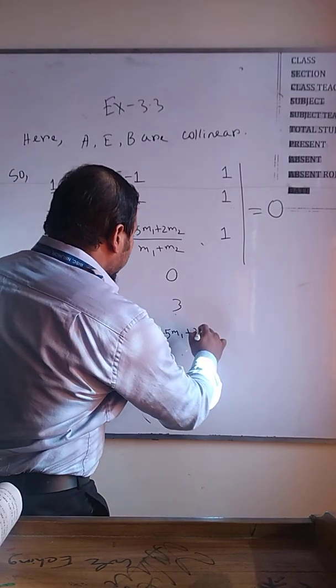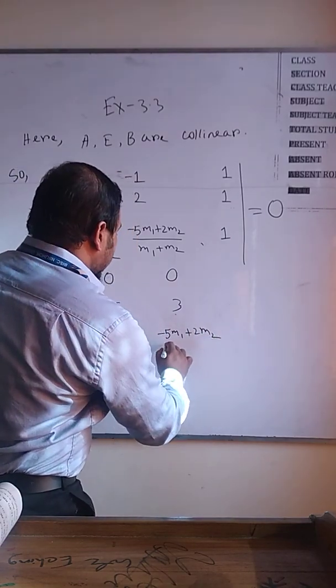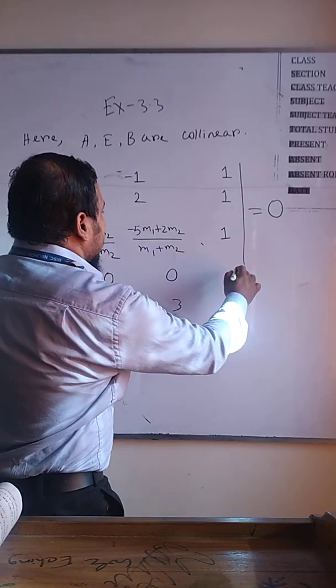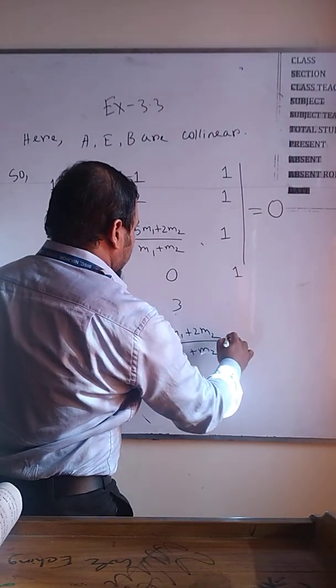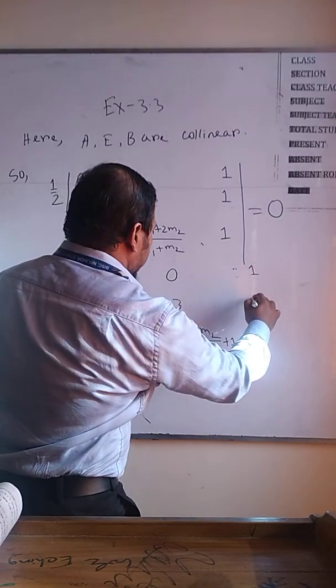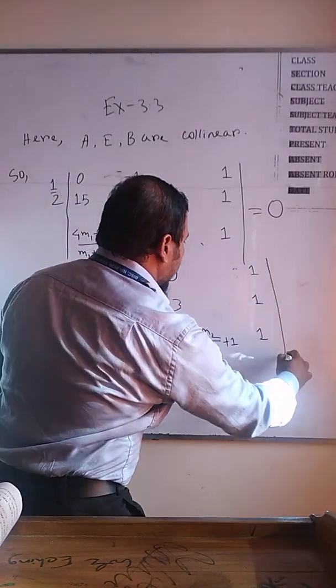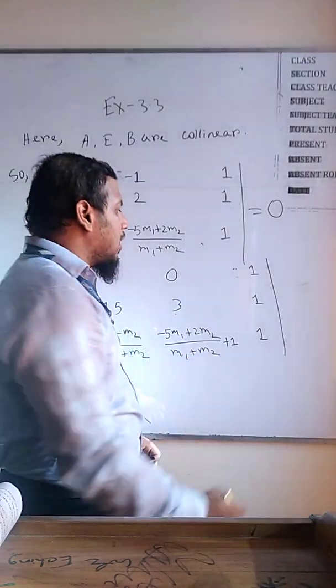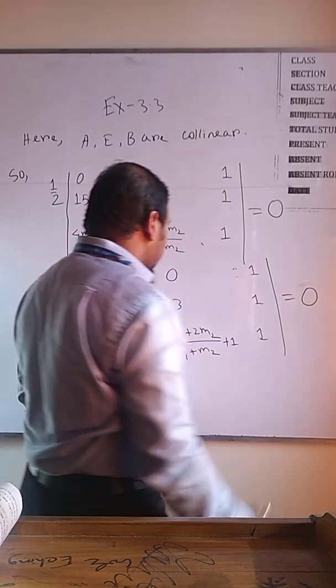Minus 5m1 plus 2m2 divided by m1 plus m2, plus 1. 1, 1, 1. We are adding third entry of third column for second column, is equal to 0.